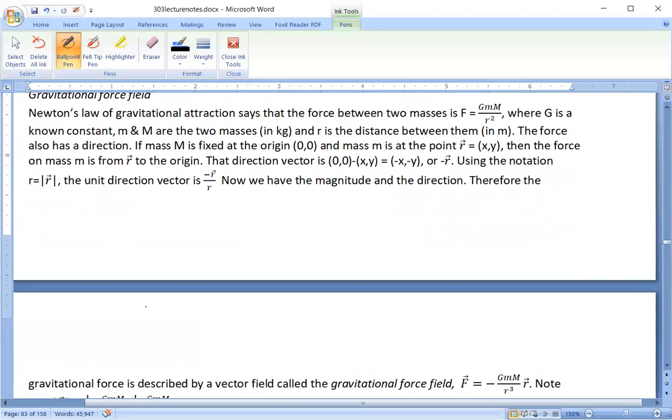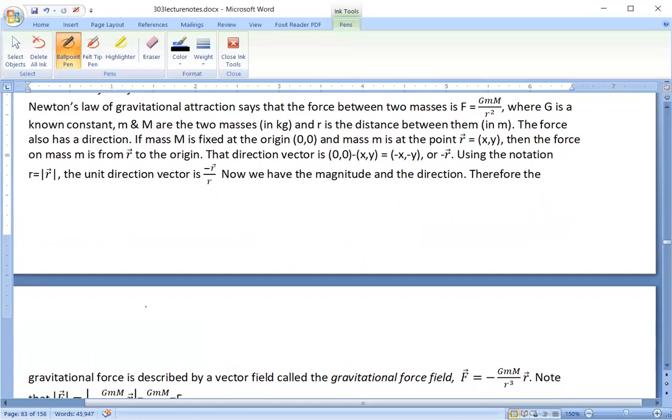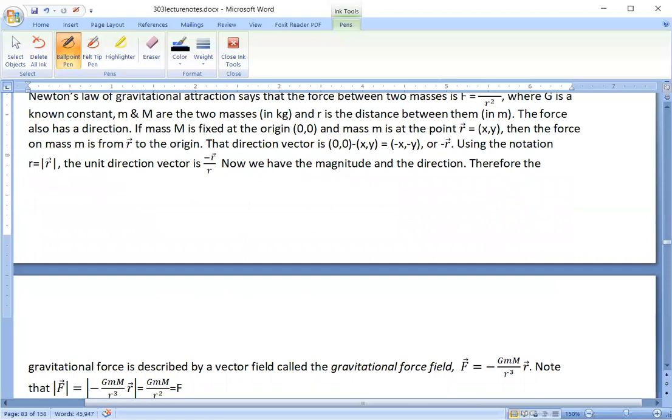Vector field F equals GMm over r squared multiplied by our unit direction vector, and we get negative GMm over the magnitude of r cubed, times the vector r. And there's your formula for the gravitational force field.